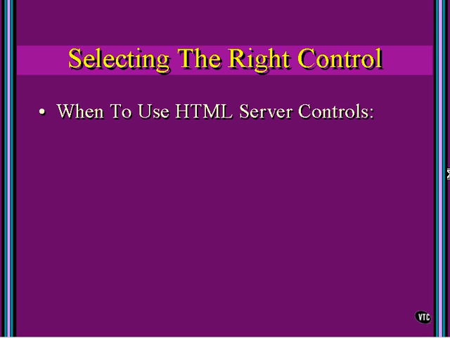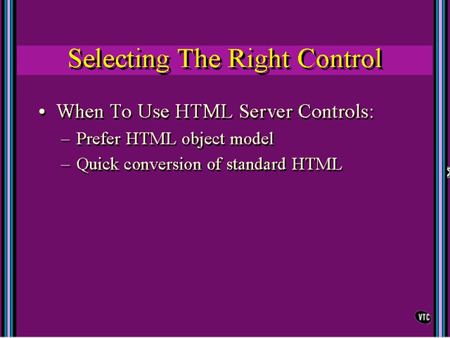Now, let's back up, because in a perfect Microsoft world, we'd always use web controls, but you've probably noticed in your little neighborhood there that it's not a perfect Microsoft world. So you can use the HTML server controls, and these are just standard HTML controls that have the run at server attribute set. And we want to use these when we prefer an HTML object model, when we want to program based on HTML, very similar to DHTML.